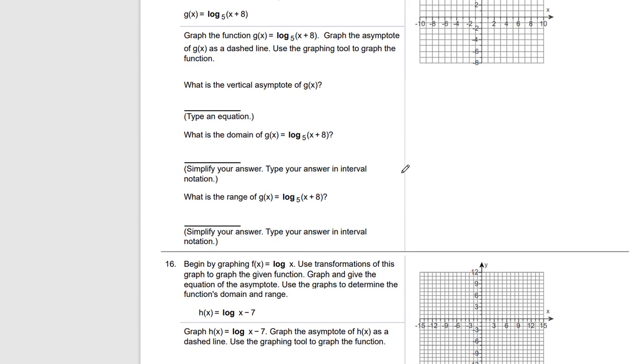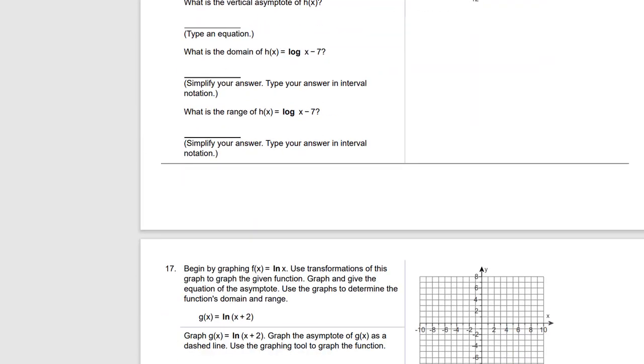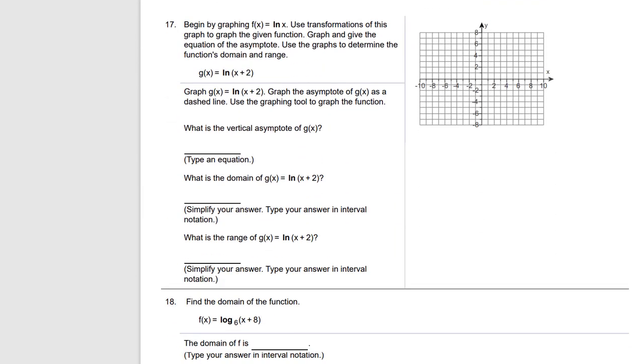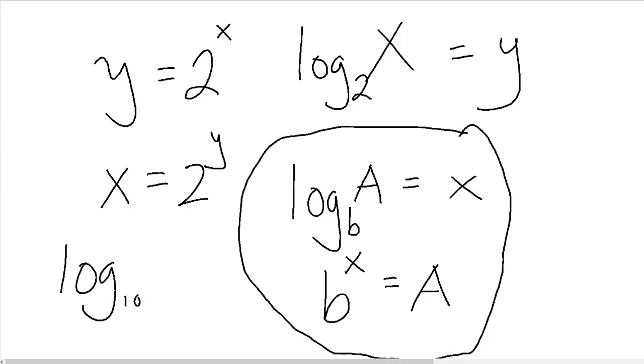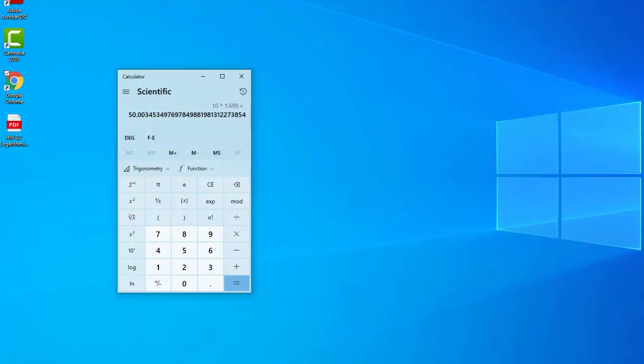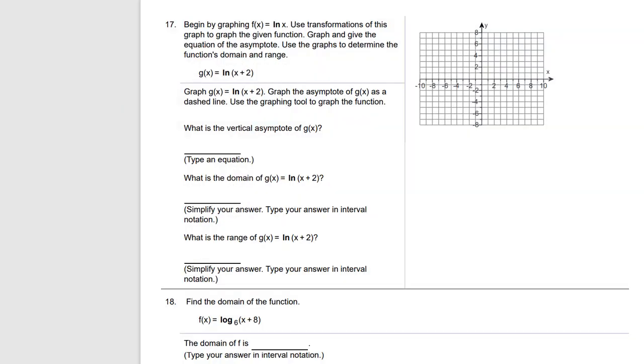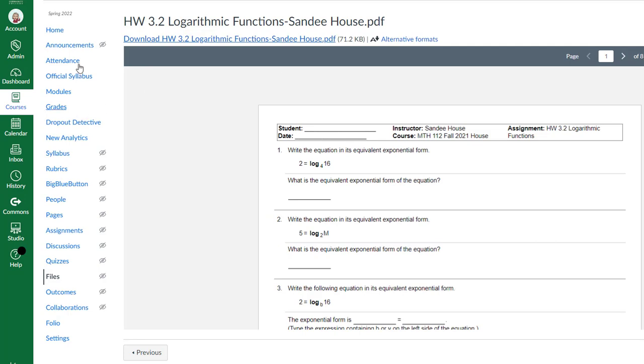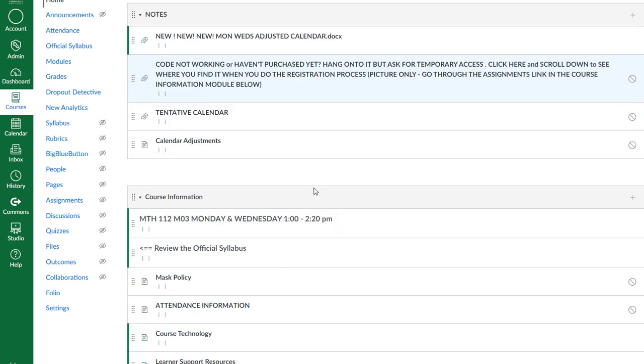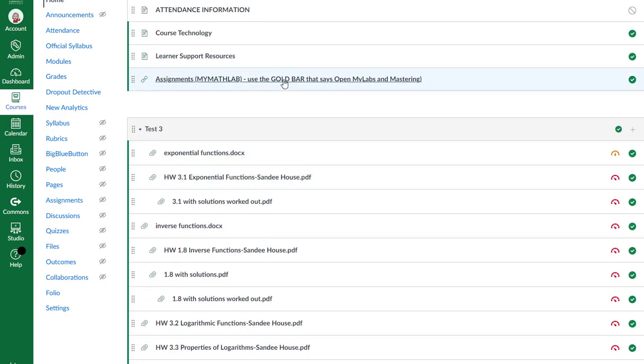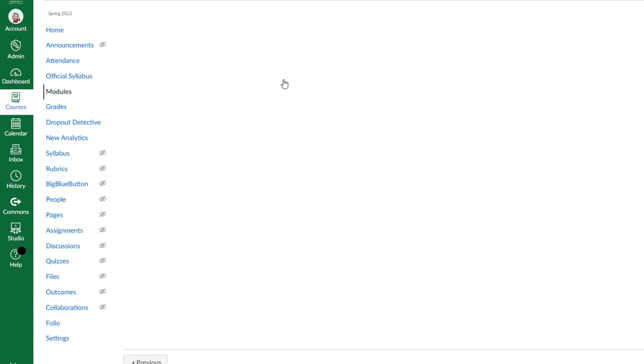All right, now we're going to do some graphing, and I'm going to switch over to my math lab to show you how to do these graphs. Okay, and it's going to be very similar to the way we did the graphs of exponential functions, where you have to put in the asymptote in order for it to give you credit.